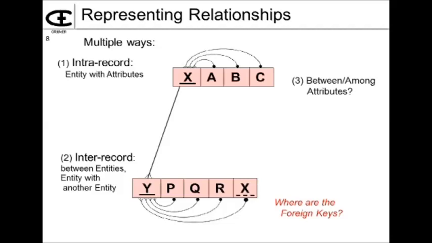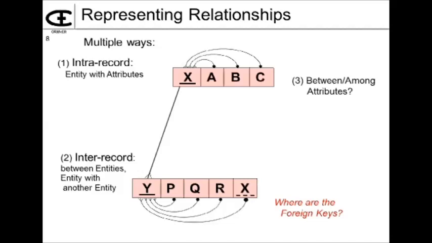Are there any relationships between or among the attributes in X, for example? I hope by now you know that there cannot be and there must not be.